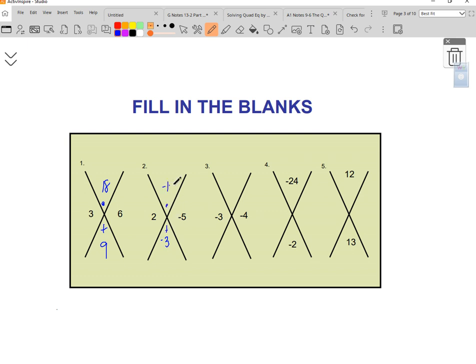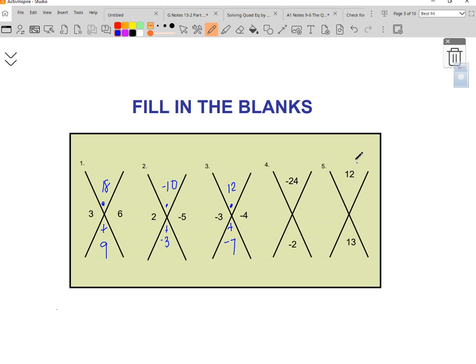Good. What's going to go in the top and bottom here, Amelia? Number 3. Yes, negative 7.